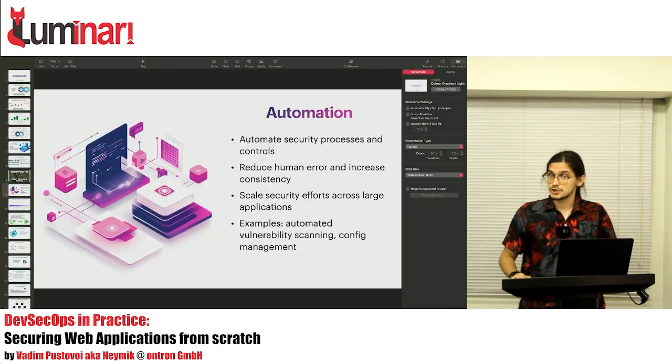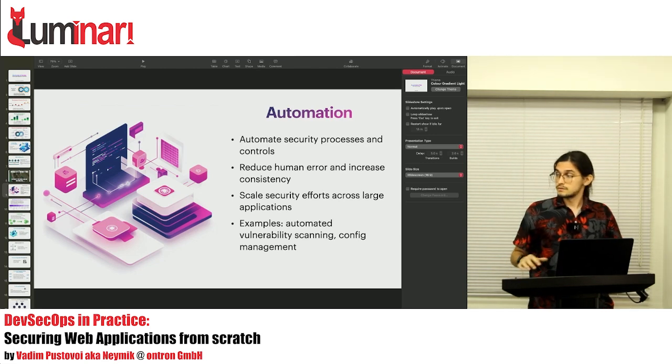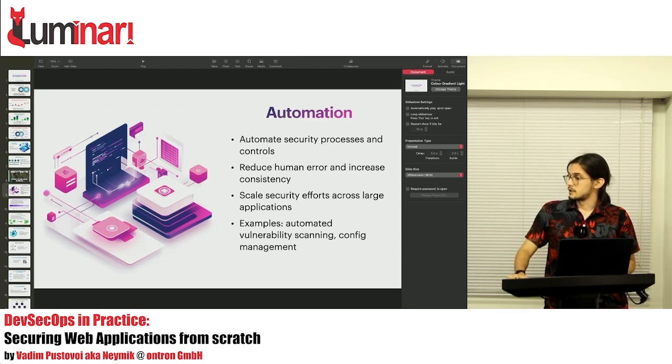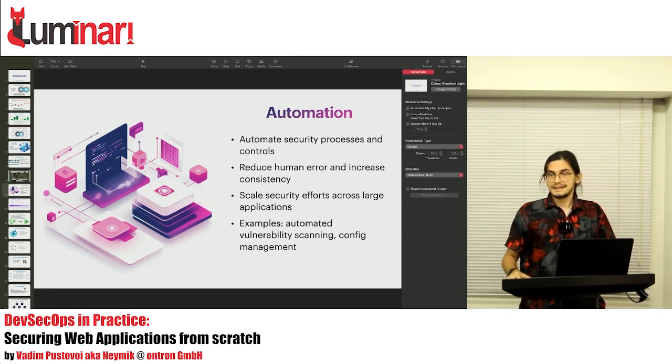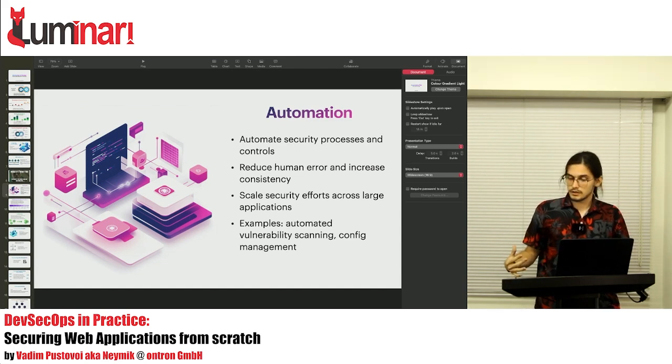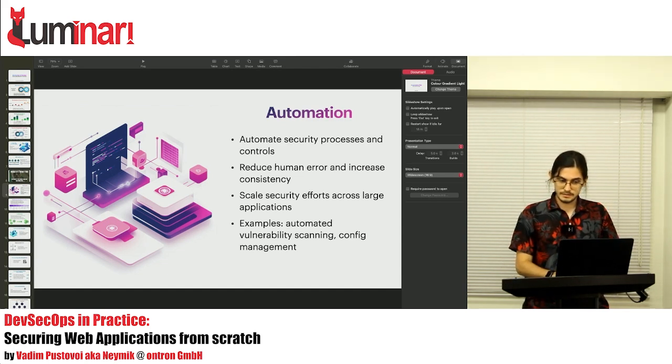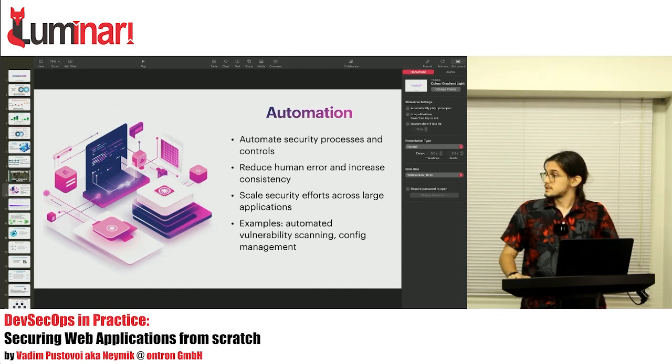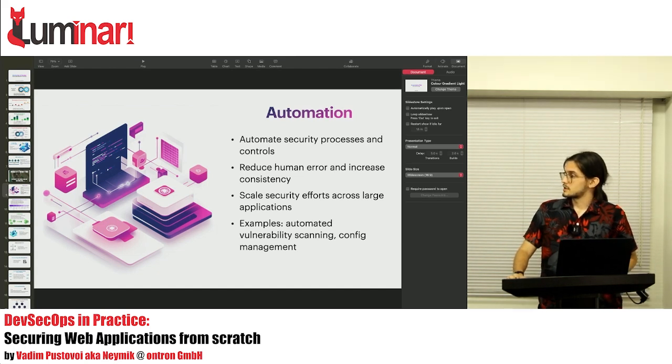The automation. The automation is a very important part of DevSecOps. Each part of the key principles is crucially important, and without any of them it will not work at all.